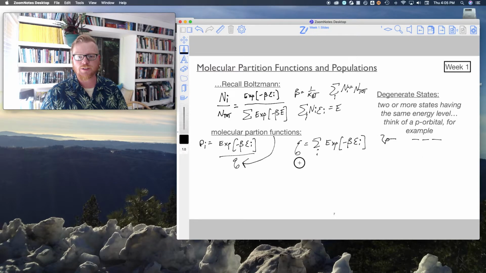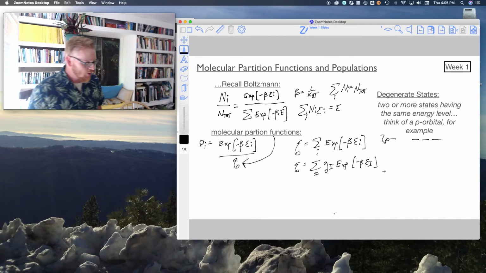If there are equivalent degenerate states, I'm going to write that as Q equals the sum, and I'm going to use a different letter to signify it's slightly different, capital I, now g sub I. Q and g. The g is my degeneracy term, and that's still times this exponential.